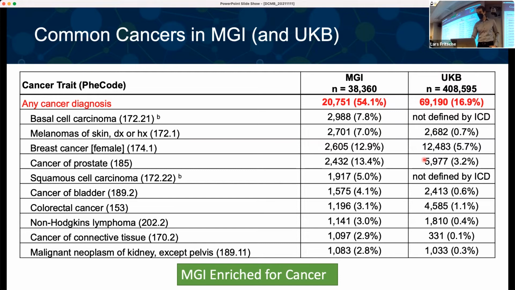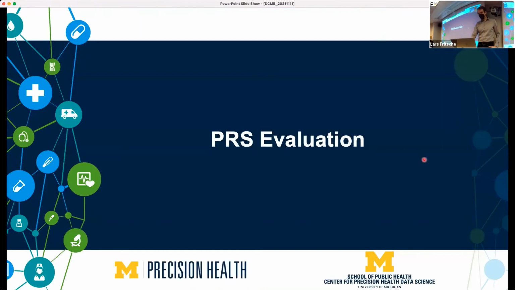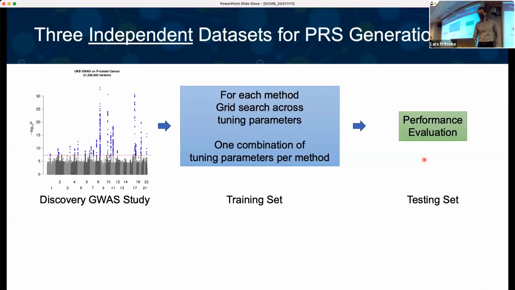Because they are enriched for cancer, and we are especially interested in cancer, being affiliated with the Rogel Cancer Center, that's the first category of traits we explored here. Okay. So coming next to the PRS evaluation, as I said, we have 3 independent data sets, and there are different setups you can imagine.